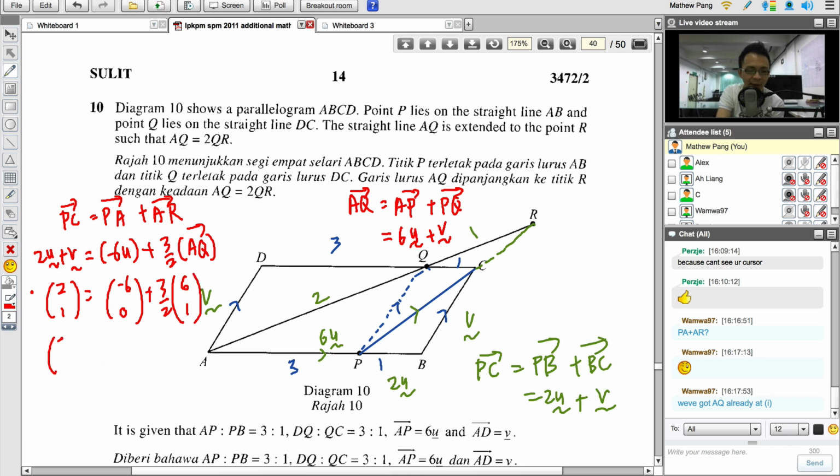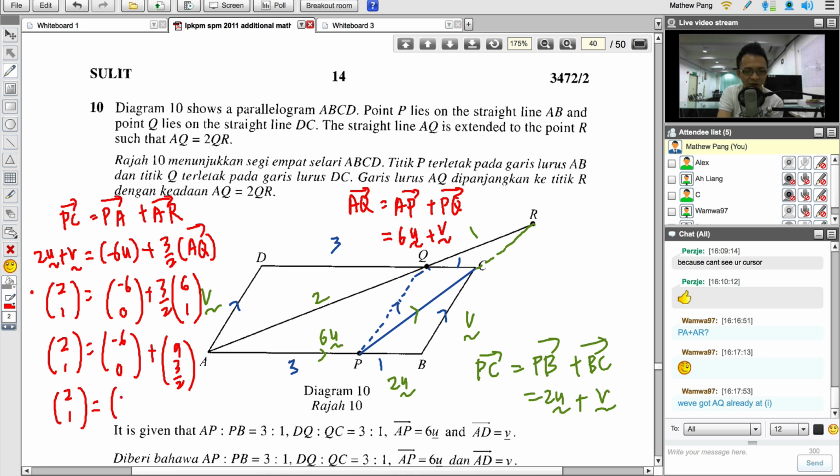Negative 6, 0 plus 3 over 2 of 6, 1. 3 over 2 of 6 is 9, and this is 3 over 2. So 9 minus 6, I got 3, and this is 3 over 2.